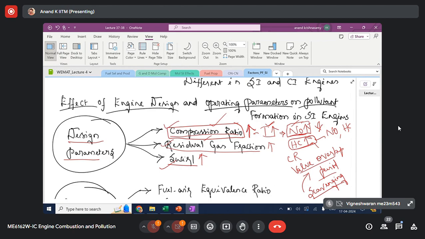This will result in a considerable drop in post-flame oxidation of SC. So not only crevice flow, post-flame oxidation is also reducing with the higher compression ratio. Although the core combustion event will result in high temperature and high NO, that is not helping much with SC oxidation, because in the later part of the expansion stroke you will have a drop in temperature with higher compression ratio.